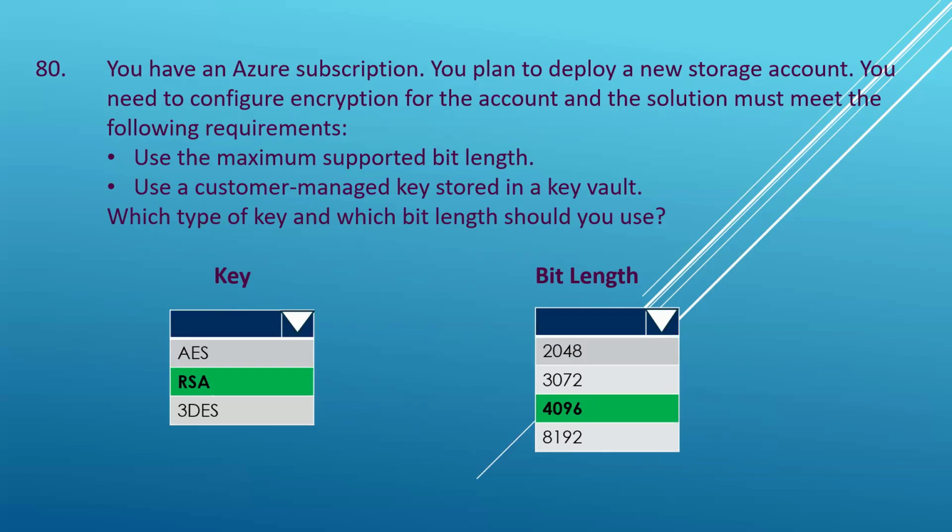That is the maximum bit length which is supported. So automatically 8192 is not the right option. Since one of the requirements in the question is use the maximum supported bit length, that is the reason we have chosen 4096 and not 2048 or 3072. And the key needs to be an RSA key.